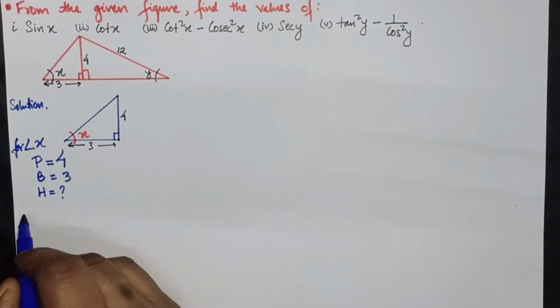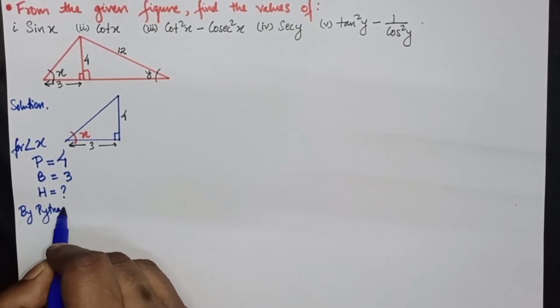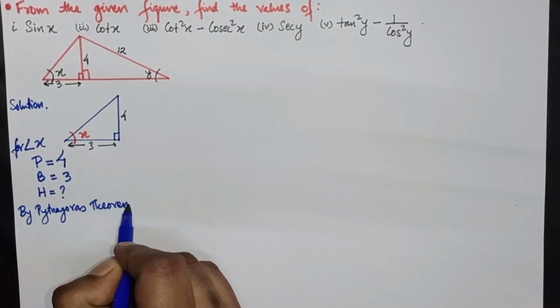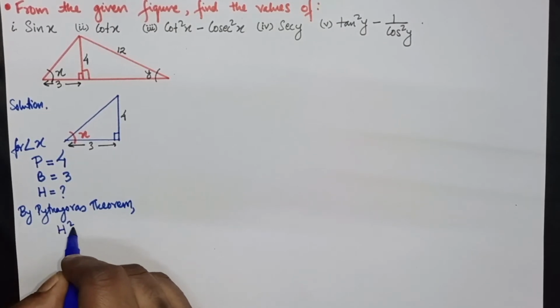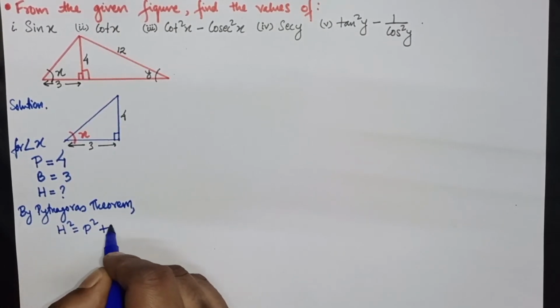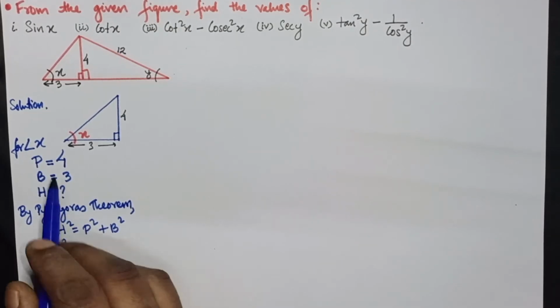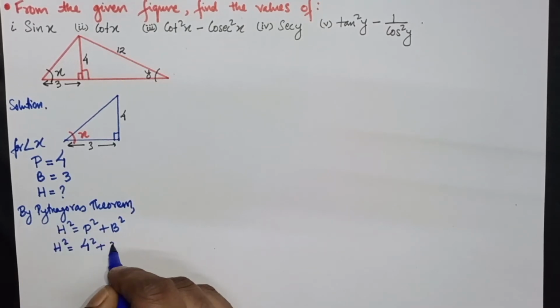Now as you know, we have to do it by Pythagoras theorem. This question carries 4 marks. By Pythagoras theorem, you know that the formula is h square equals p square plus b square. So h square equals, p is 4 square plus b is 3 square.